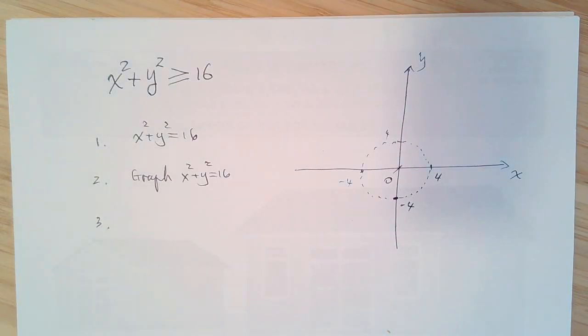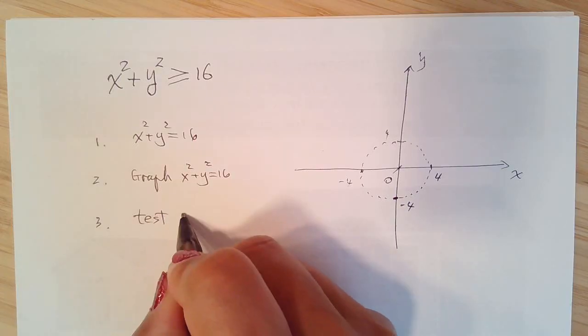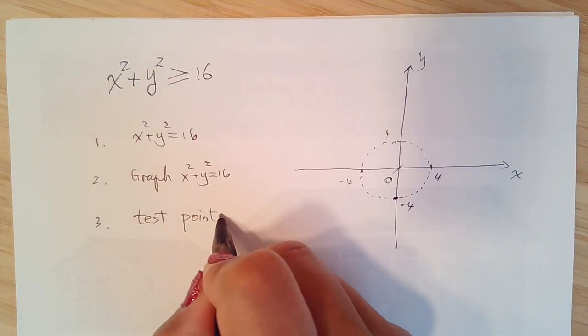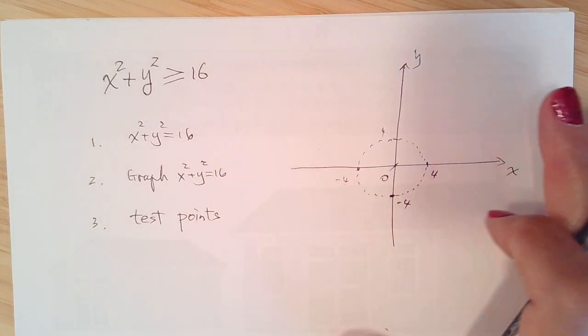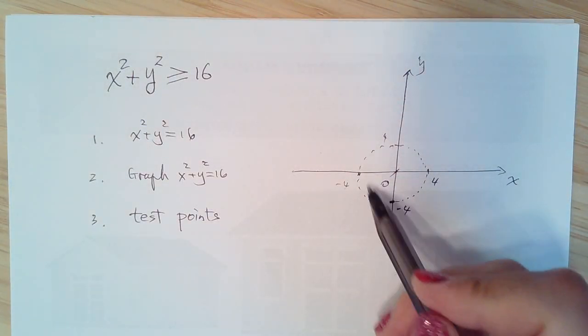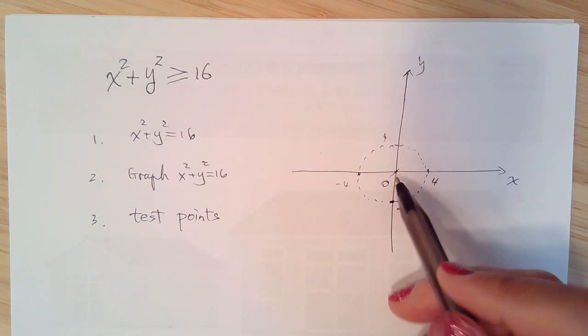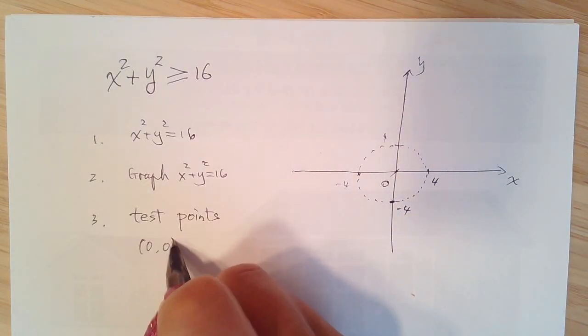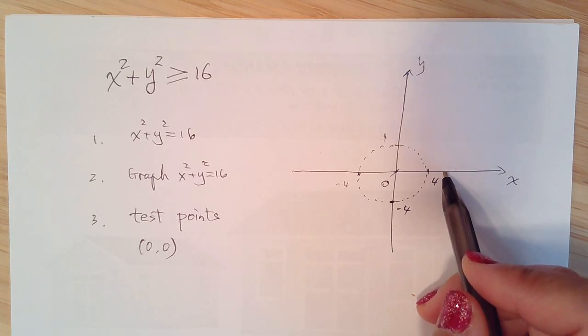And number 3, you're going to choose test points. Now, the thing is, this circle will break the whole plane into 2 parts. One is inside, the other one is outside. Is that right? So for inside, I'm going to choose 0, 0. And for outside, you can choose 5, 0.